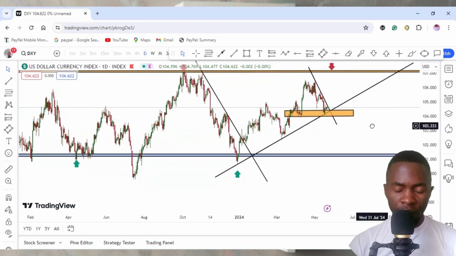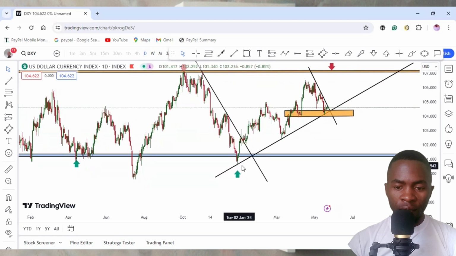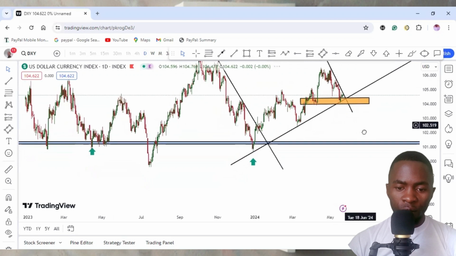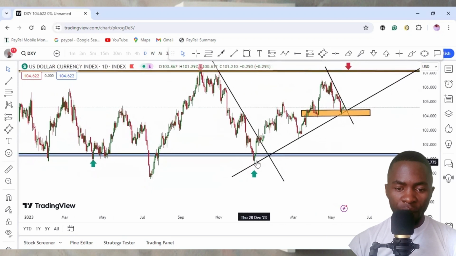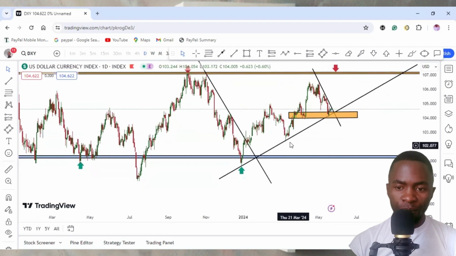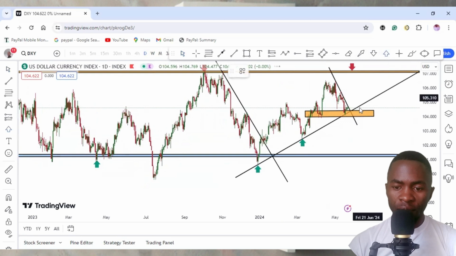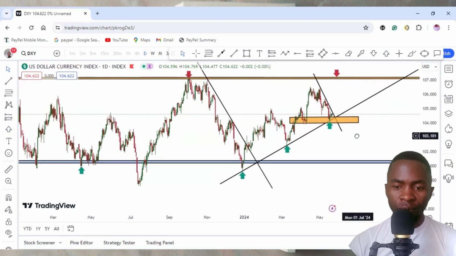Apart from that, you can also see very clearly we have a trend line here. The market respected this trend line around here the first time. Also, the market respected this trend line for the second time. And also the market respected this trend line now for the third time.